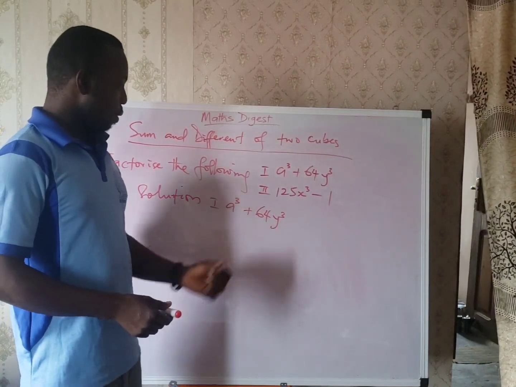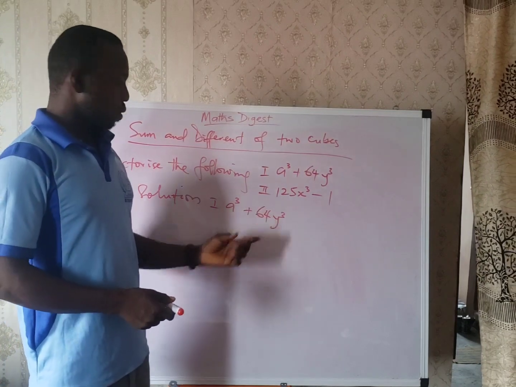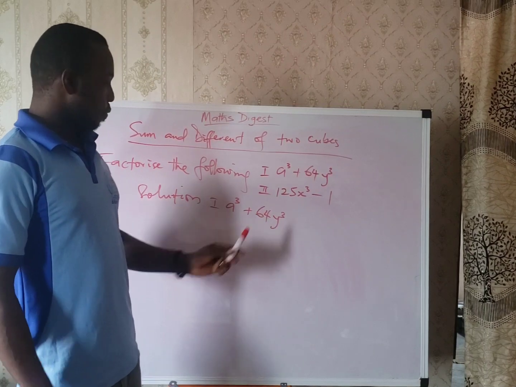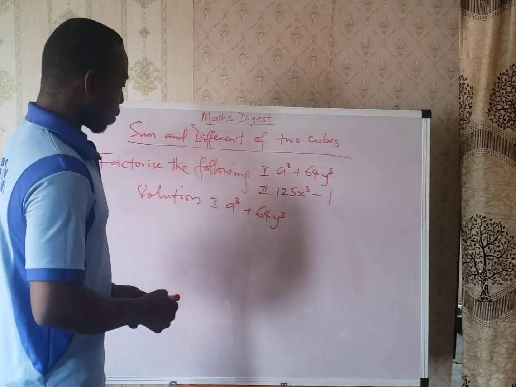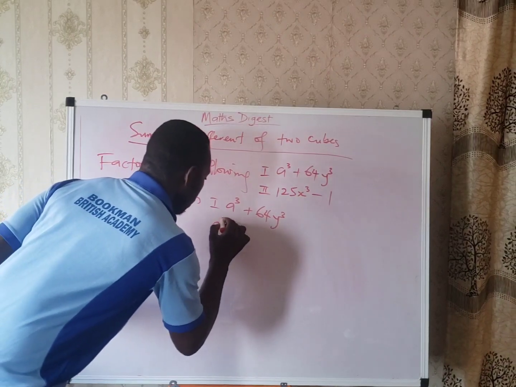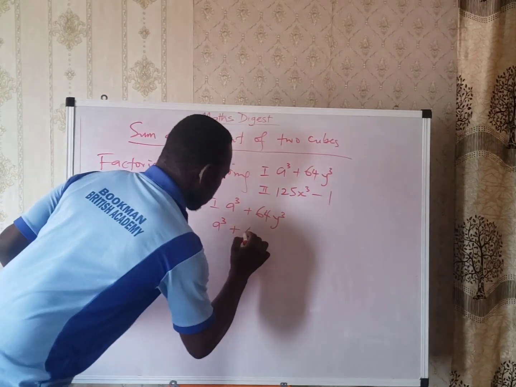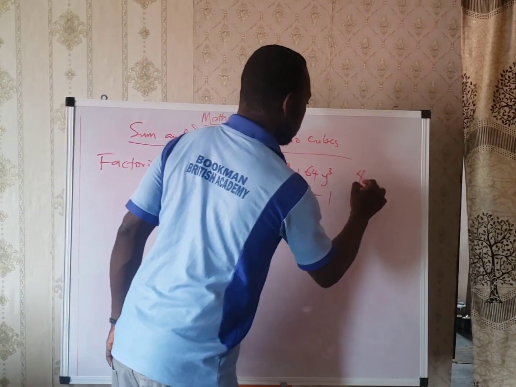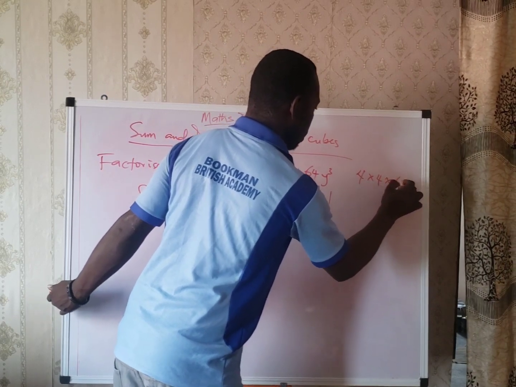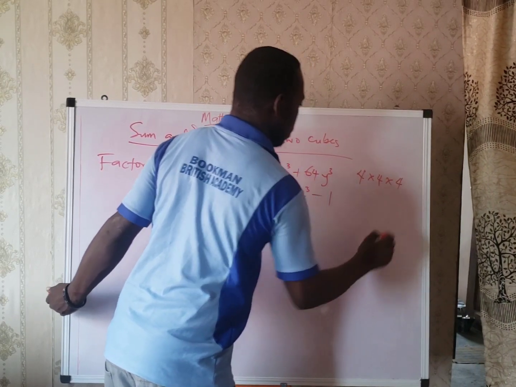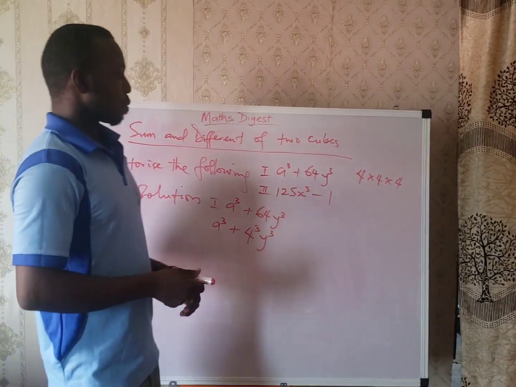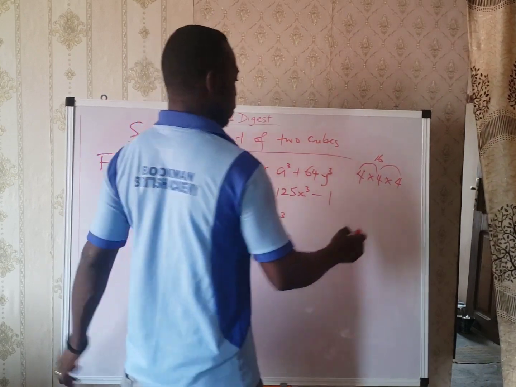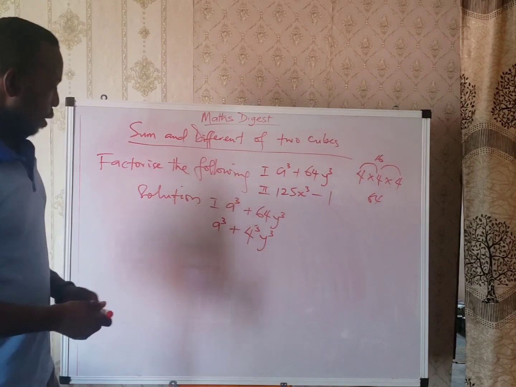First of all, we find something that when you raise it to power 3, you will get 64. Quickly, we can have that to be 4, because 4 times 4 times 4, this is 16, and 16 times 4 will give you 64.